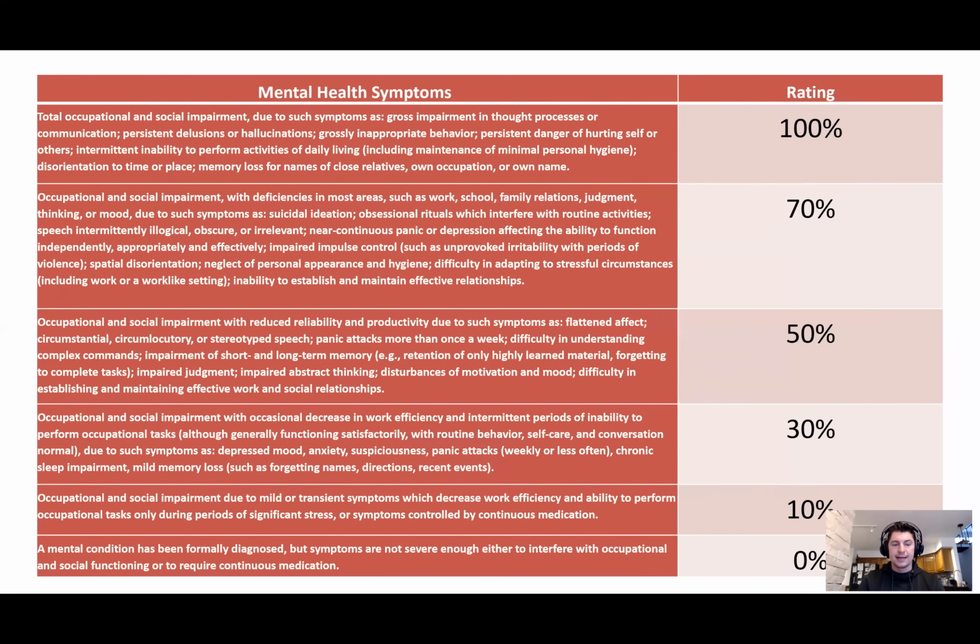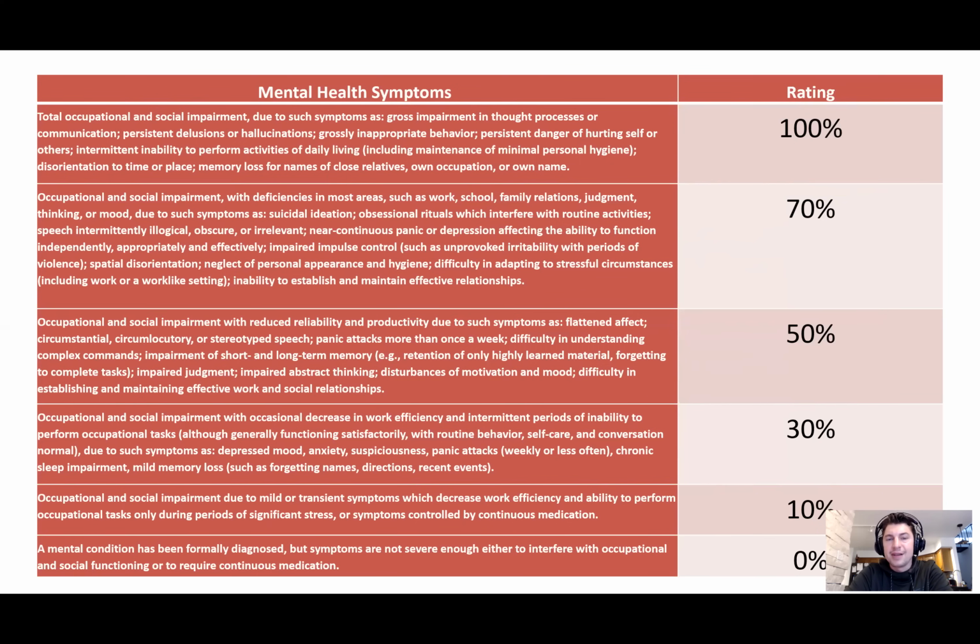Take a look at that 10%, the second from the bottom. It says occupational and social impairment due to mild or transient symptoms which decrease work efficiency and ability to perform occupational tasks only during periods of significant stress, or your symptoms are controlled by continuous medication. That's the 10% level.